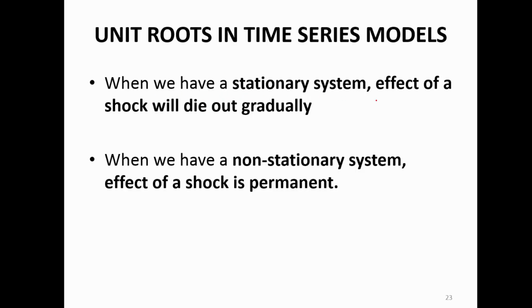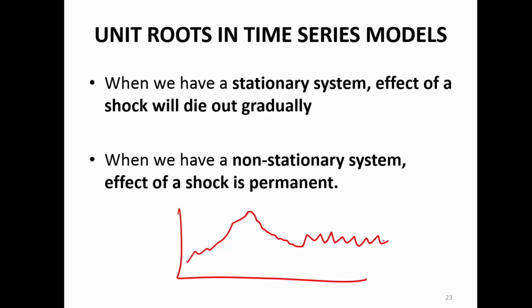When we have a stationary system, we know for sure that the effect of any shock that is going to happen to the time series will die out gradually. In a stationary series, if you have a shock, it moves up, it eventually comes down, and then it settles somewhere around the mean.